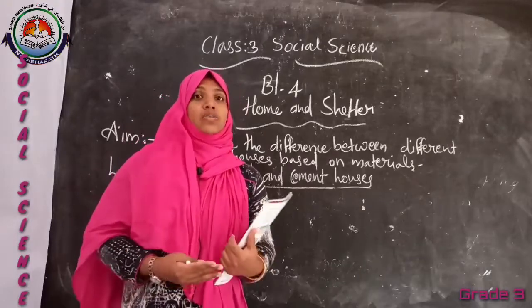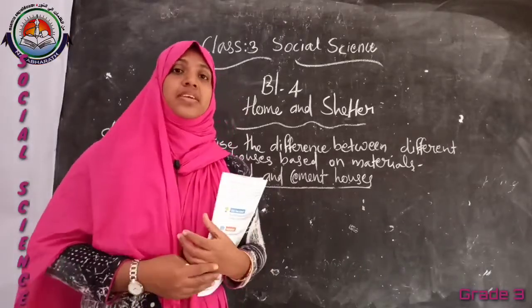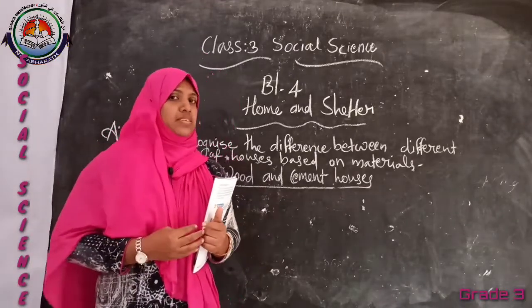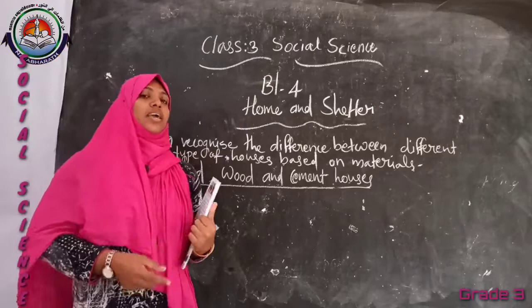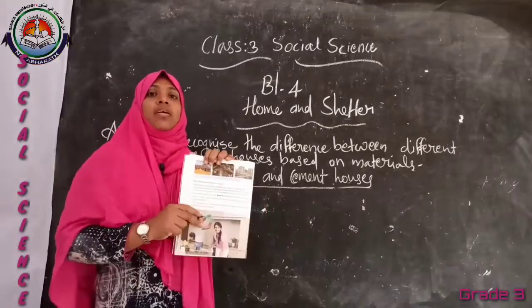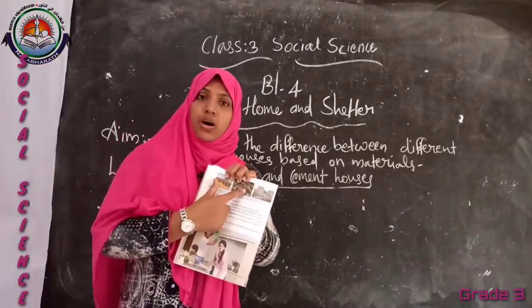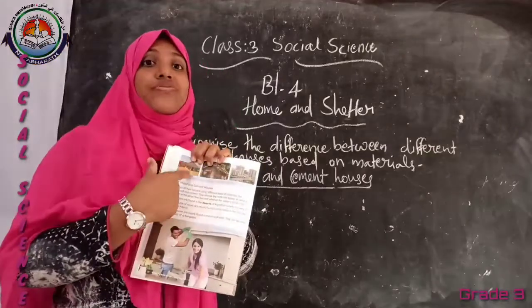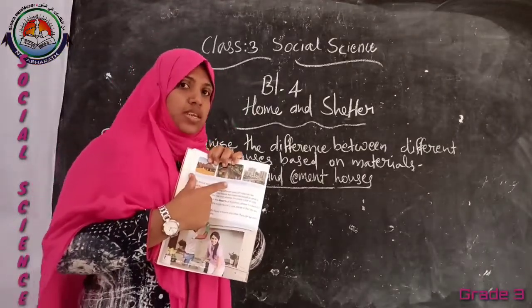Our houses are made up of different materials like cement, wood and bricks. Here also there are different type of houses. These houses are made up of different type of materials.